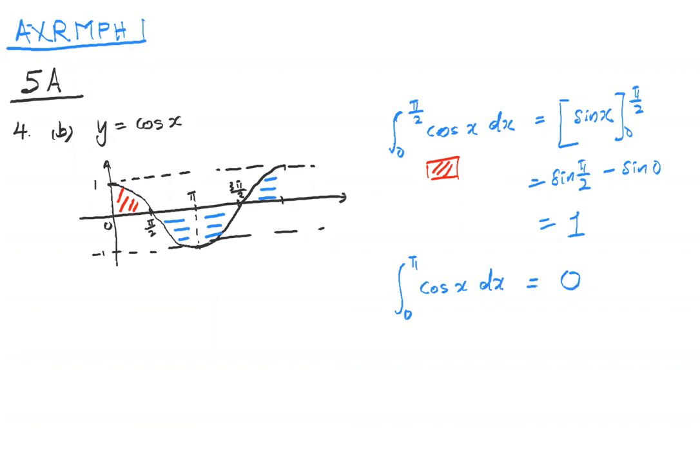The answer will be 0. Okay, if the answer is 0, I can ask you further, what is the relationship between area A and area B? Can you tell me what is the relationship between area A and area B?